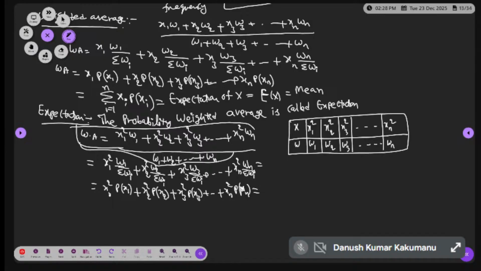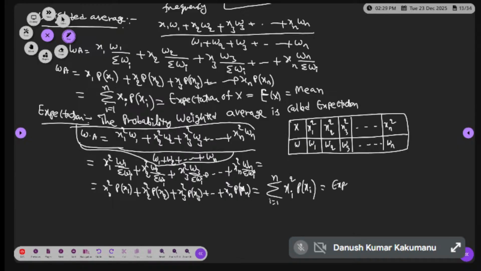You can write this as summation i is equals to 1 to n, xi squared P of xi. This we are calling as what?